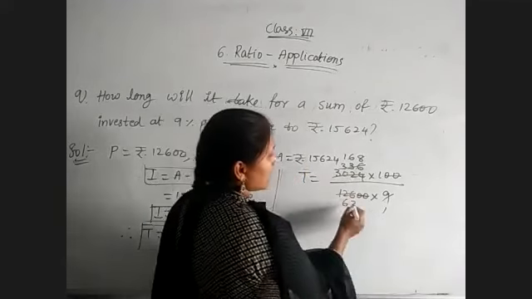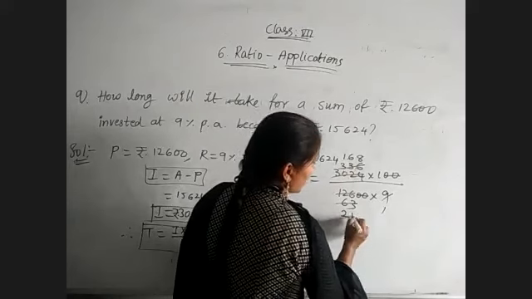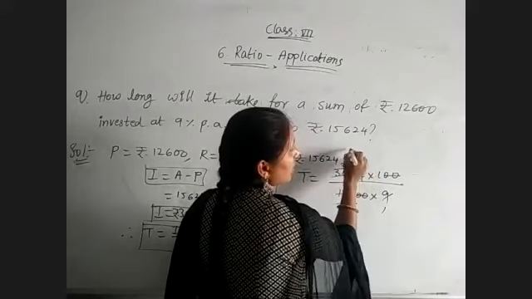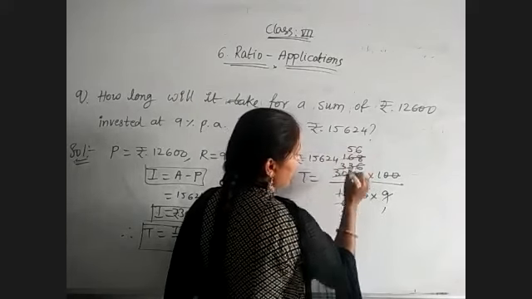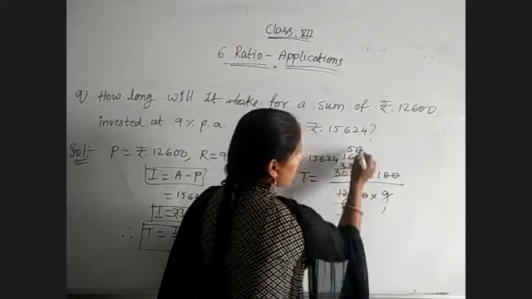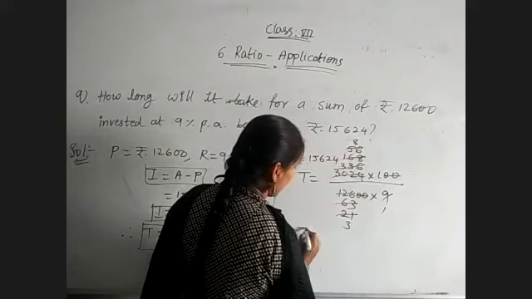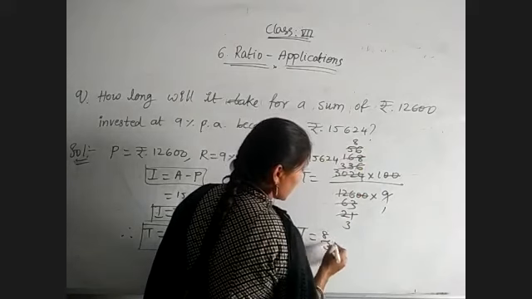So both can cancel in the 3 table: 3 1s are 3, 3 5s are 15, 3 6s are 18, 7 3s are 21, 7 8s are 56. So 8 by 3 years.